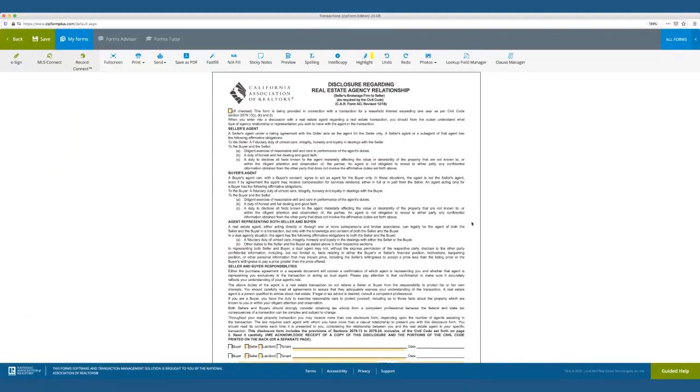So that's all this form does. But really the most important form that you will have, because you have to establish that relationship with your client, is an agency relationship, because moving forward that shows that you have this relationship with that person.